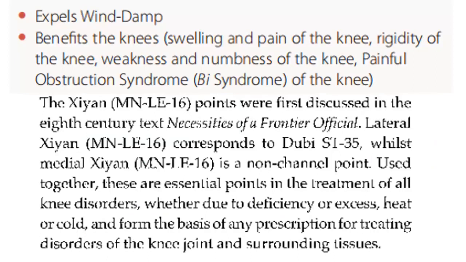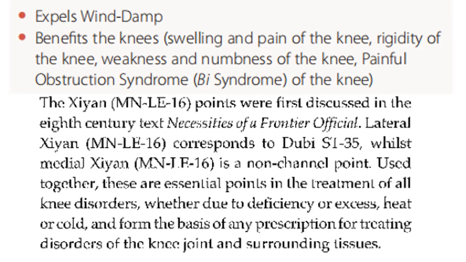It expels wind damp and benefits the knees in swelling and pain of the knee, rigidity of the knee, weakness and numbness of the knee, painful obstruction syndrome, Bi syndrome of the knee. The Xiyan points were first discussed in the 8th century text, Necessities of a Frontier Official.